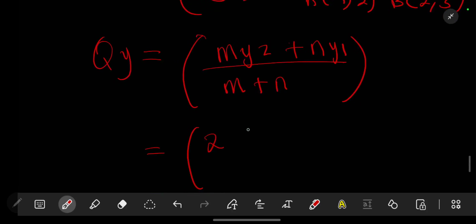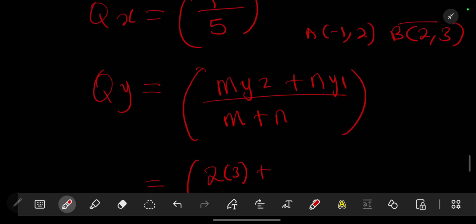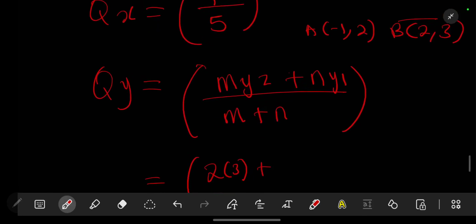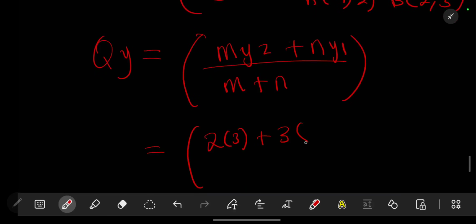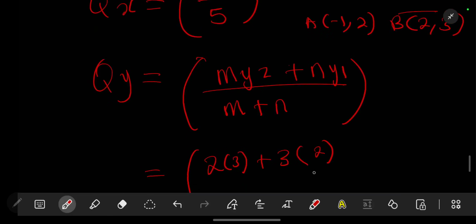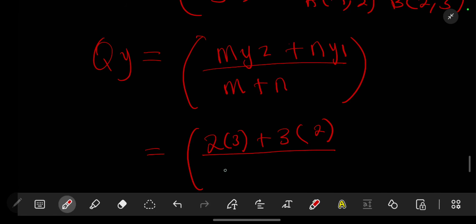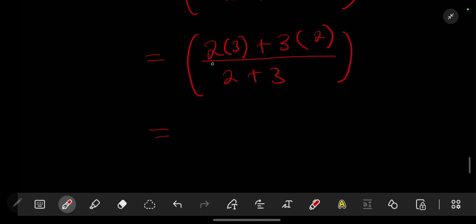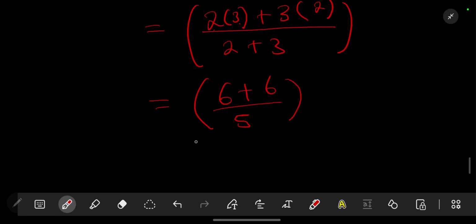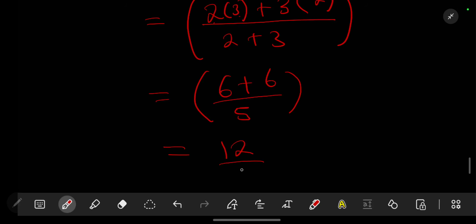Our y2 is 3, plus our n, the second division, which was 3, times y1, which is equal to 2, over m plus n, which is 2 plus 3. So this gives us 2 times 3, that's 6, plus 3 times 2, that's still 6, over 5. So this gives us 12 over 5. So this is our QY.